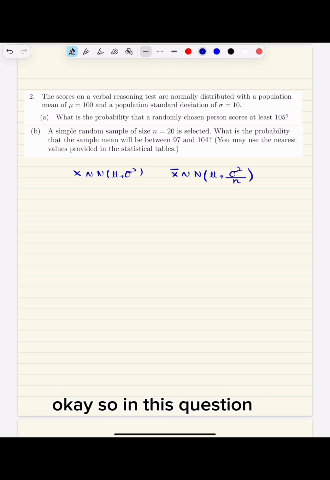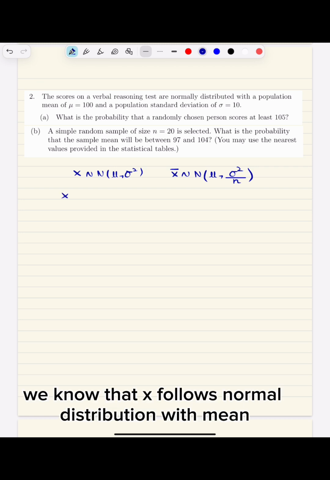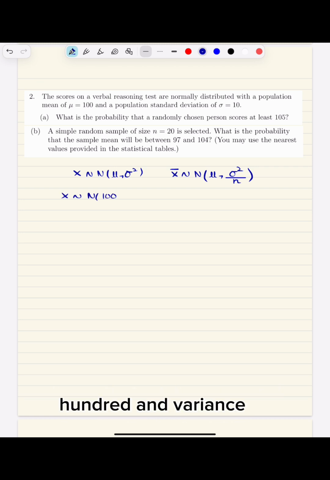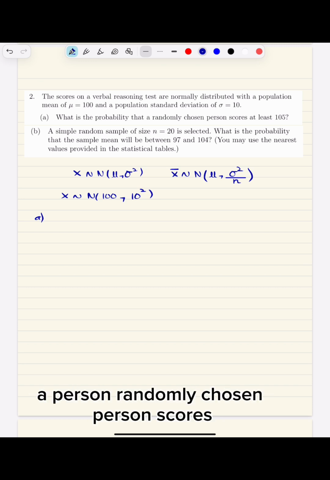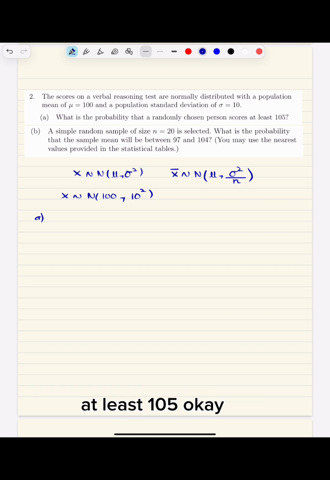So in this question we know that x follows a normal distribution with mean 100 and variance 10 square. What is the probability that a randomly chosen person scores at least 105?